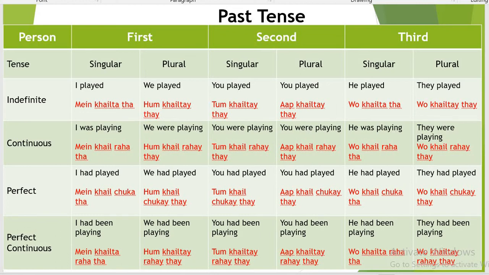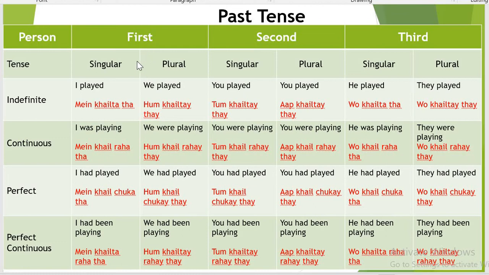First person is somebody who is talking. Second person is somebody who is being talked to. And third person is somebody who's sometimes being talked about. And then for each of these persons, you have singular and plural. I and we, you and you, he and they.